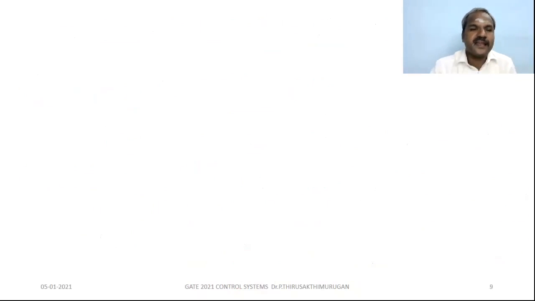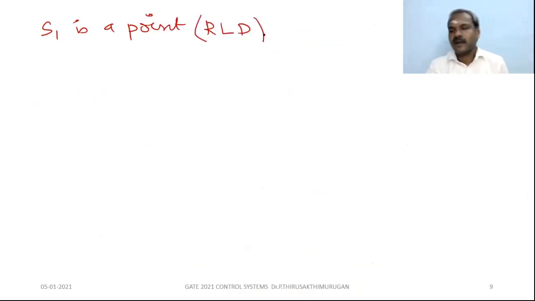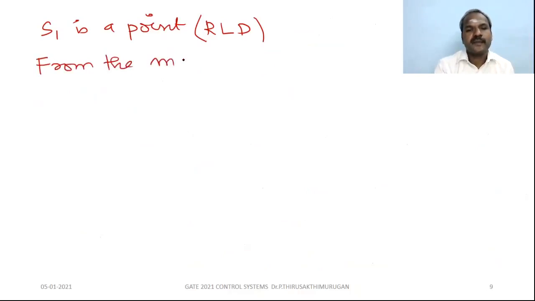S1 is a point on the root locus diagram, RLD. We can also calculate K from the magnitude expression.